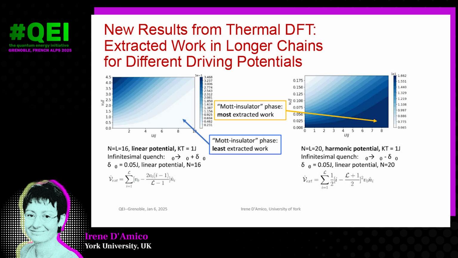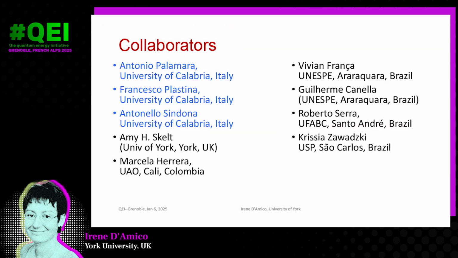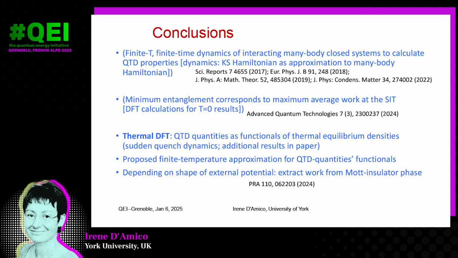Okay, I'm rushing. These are my collaborators. These are the three direct collaborators on this work. These are other collaborators with whom I worked on matching density functional theory with quantum thermodynamics on work, which I didn't have time to talk about. And these are the conclusions.